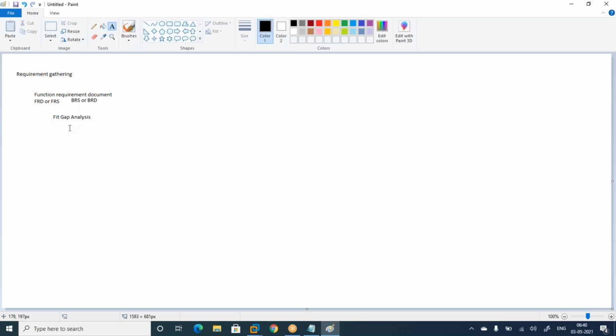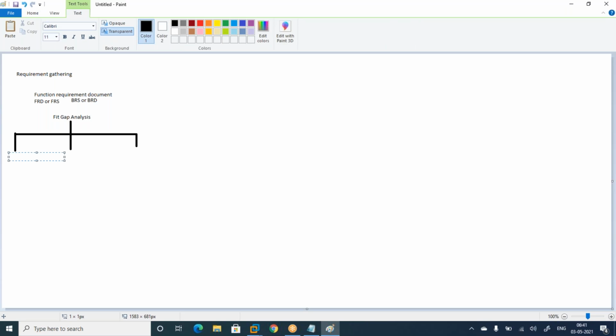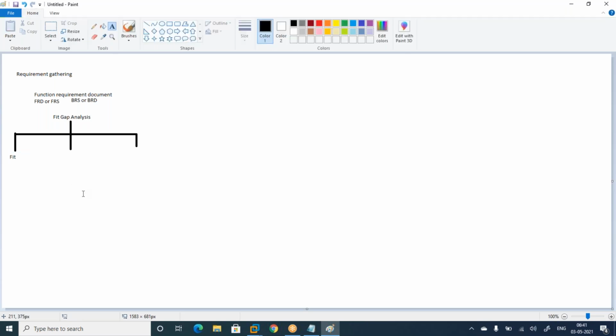After this, fit gap analysis will be classified into 3 parts. One is fit, means by default it is available in the system.